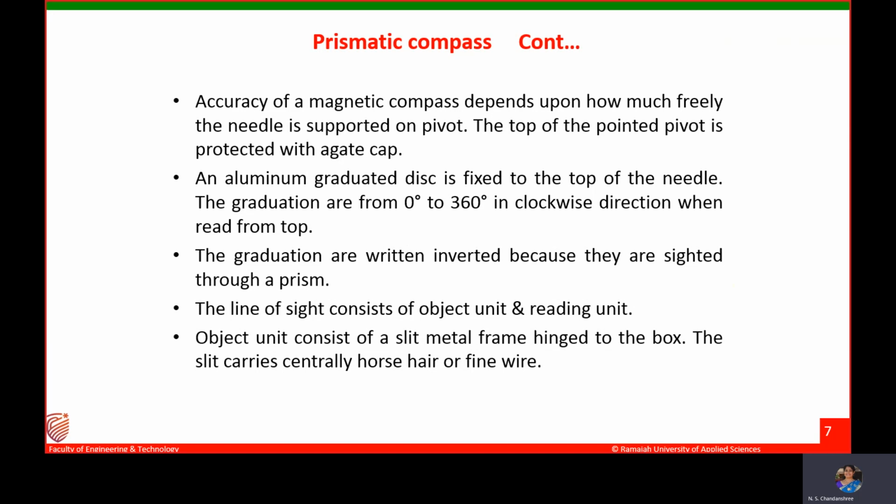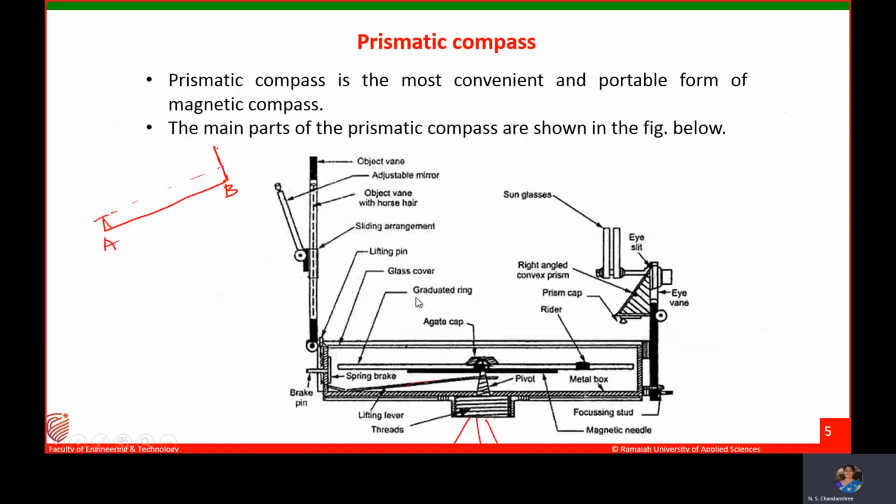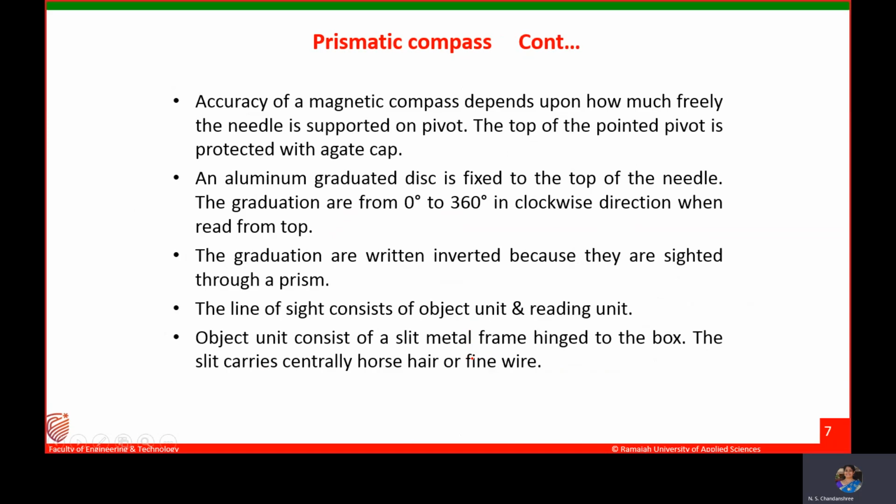Next, the accuracy of a magnetic compass depends on how freely the needle is supported on a pivot. Now this is the pivot. If the needle is not supported properly, if it is not straight, then there are maximum chances that the readings that are taken are erroneous.